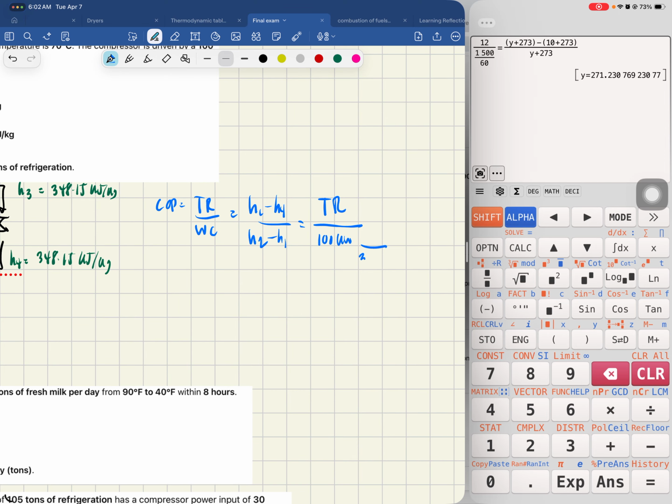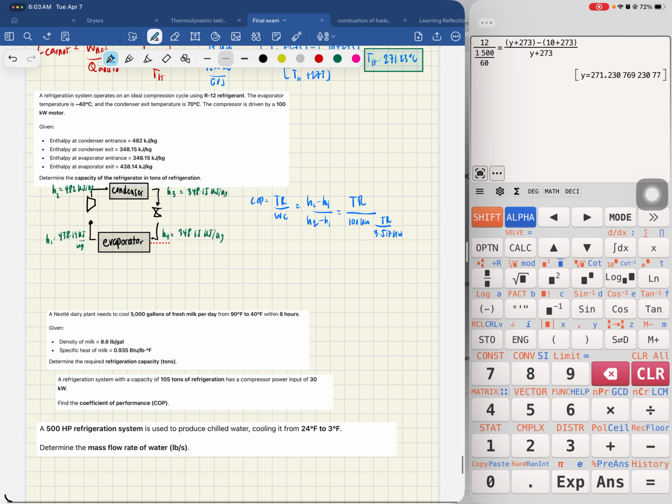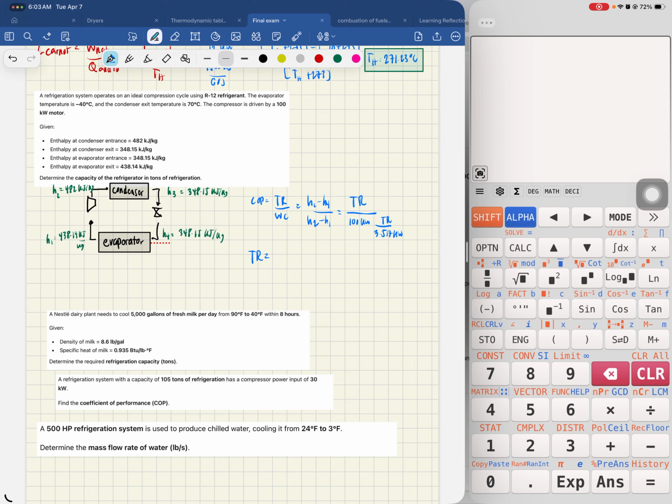So 3.517 kilowatts per TR. Okay, so we just input the value here. Capacity.